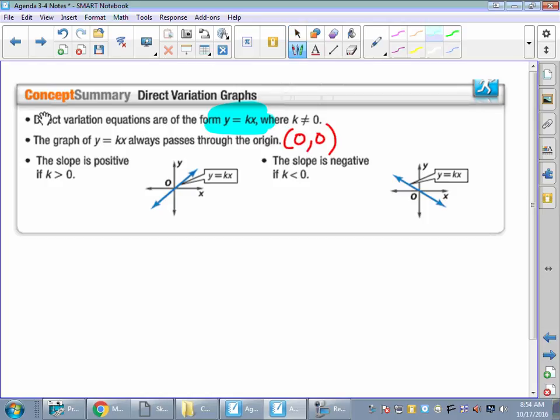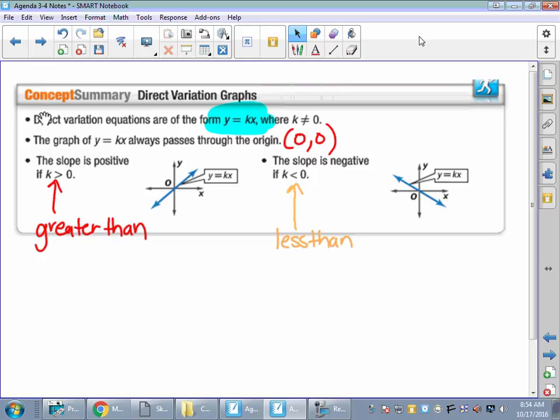The slope is positive if k is greater than 0. Everybody knows their less thans and greater thans, I hope. And the slope is negative if k is less than 0.